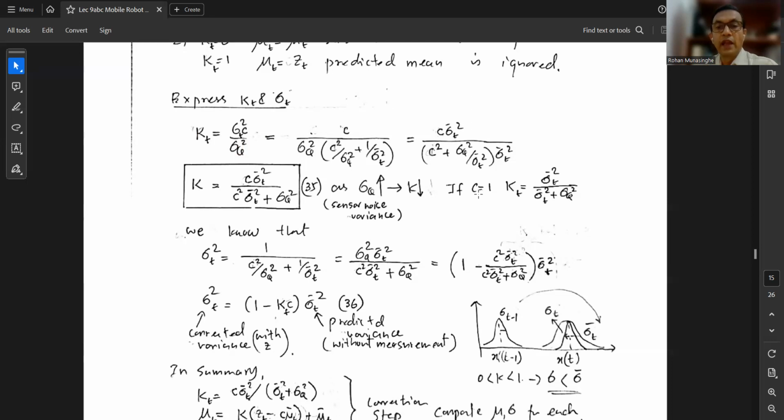Okay. And if you further say C equals 1, in the one-dimensional case, for example, K_t is equal to this one. Again, it's pretty obvious if you look at these sigmas how they are connected together, right? Sigma bar and sigma_q. Sigma bar is the prediction covariance, and sigma_q is the measurement covariance.